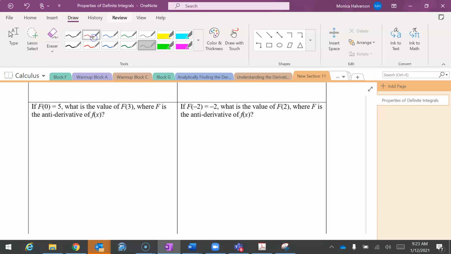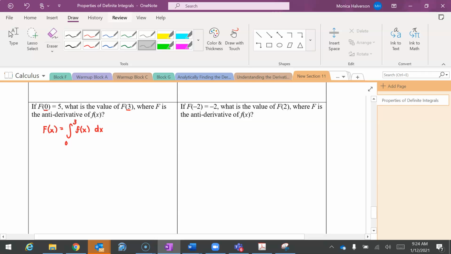The key thing here is that we're given these x values of 0 and 3, and we know that F is the antiderivative of f of x. So essentially F is going to equal the antiderivative of f of x. And we know the upper and the lower limits. They're telling us it's 0 and 3.